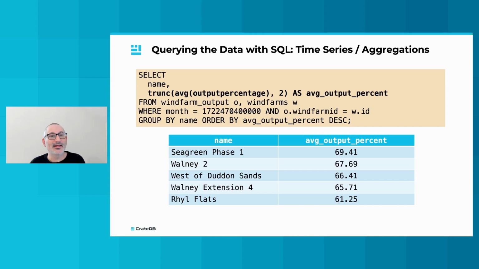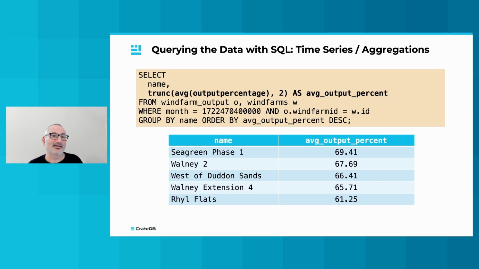Here what we're doing is getting the average output percentage for each wind farm by calculating that with the average function. I'm then truncating it down to a couple of decimal places so we don't get very long numbers. And we're saying we want those for the time period where the month matches a certain timestamp. That's the field that we created that was auto-generated, so that timestamp might represent September or October.